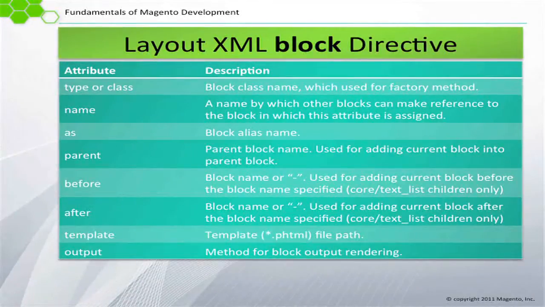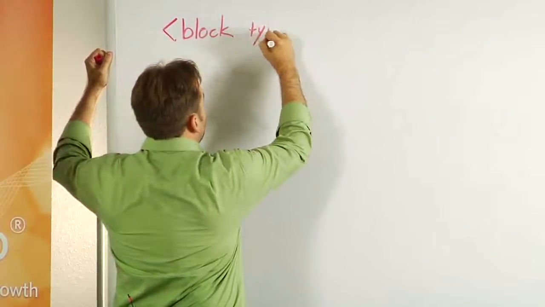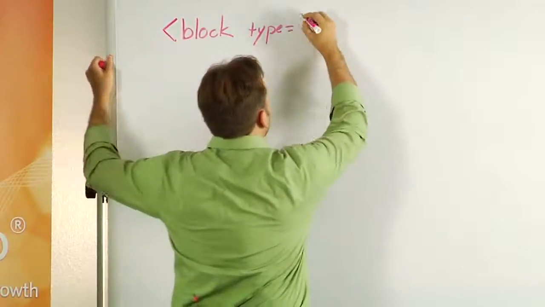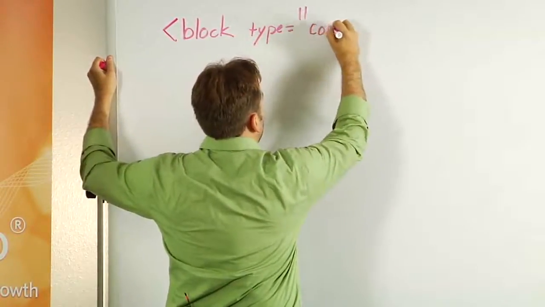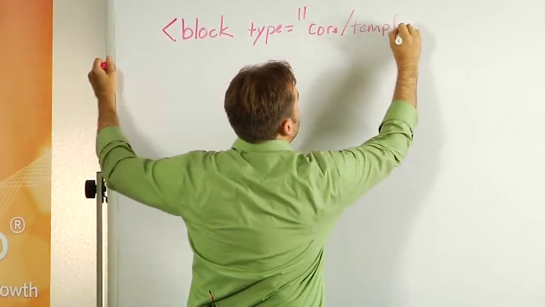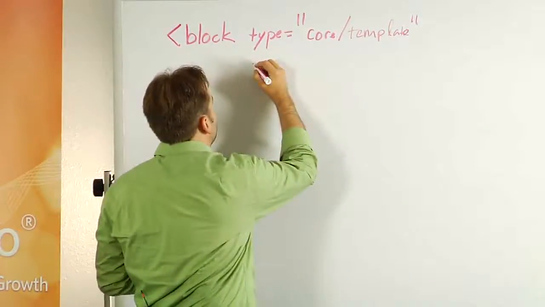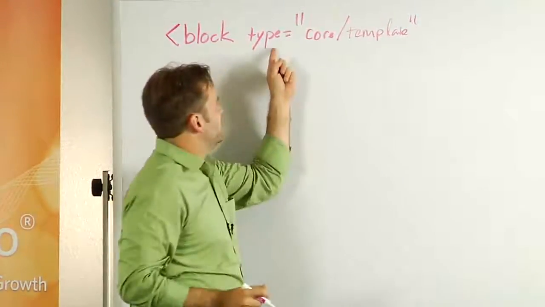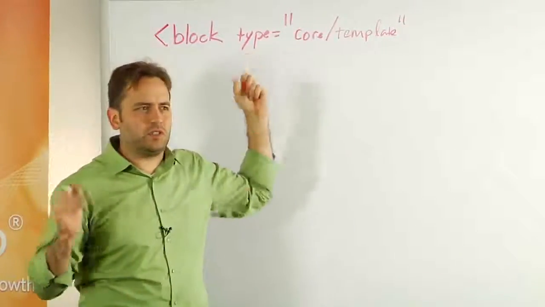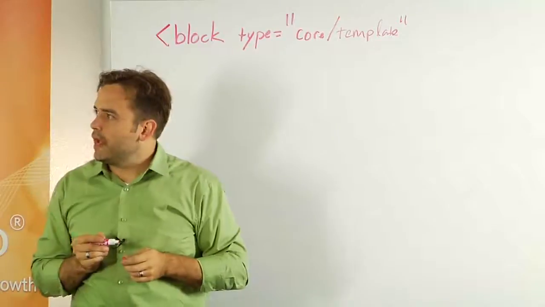So we saw that. Block type equals core template, for example. You can specify class instead of type, but don't. That's just old. Name.